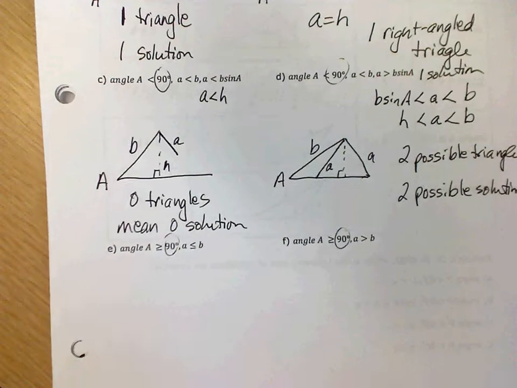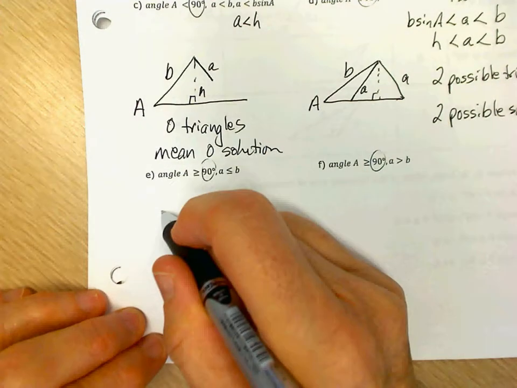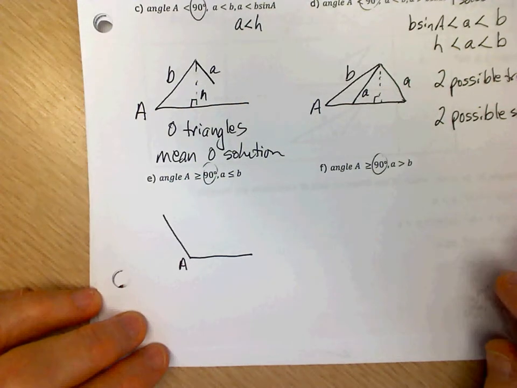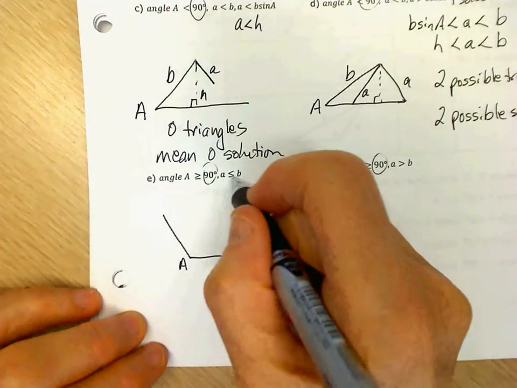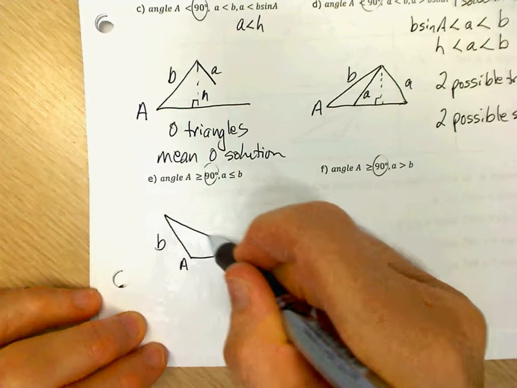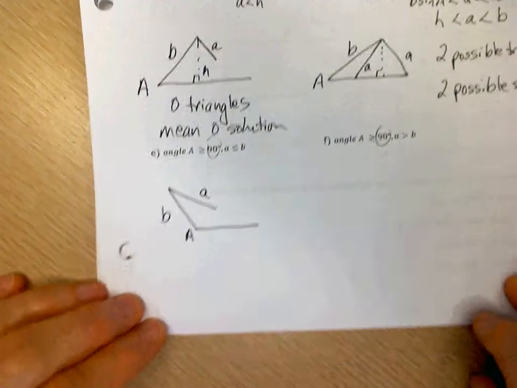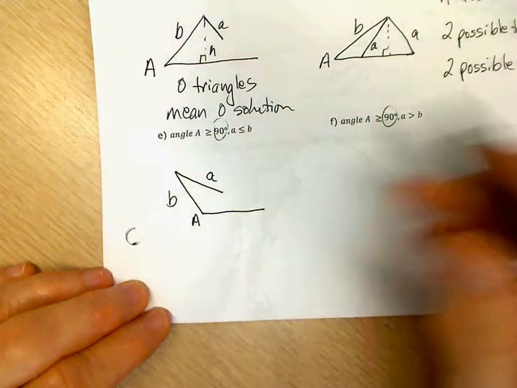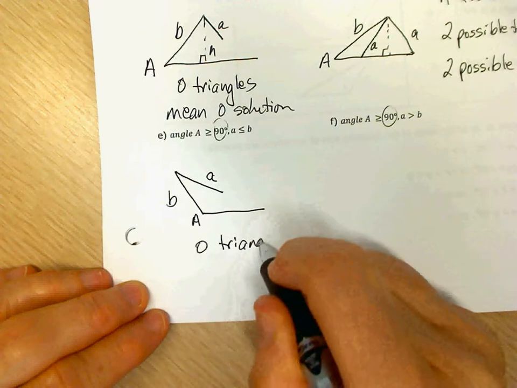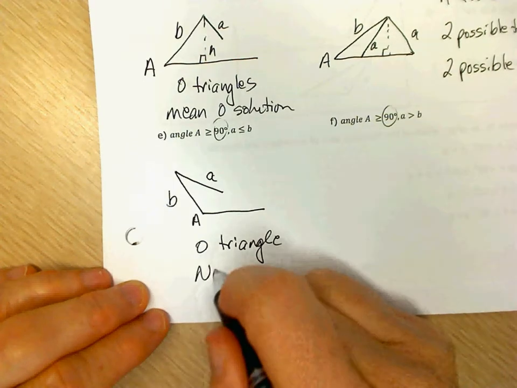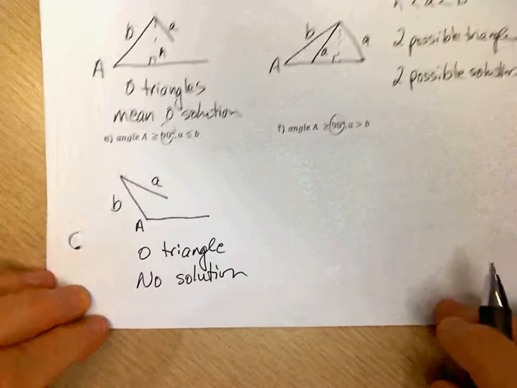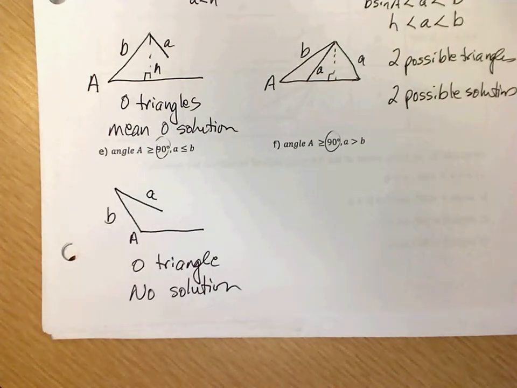Okay. Angle A is greater than 90. So here's our A. It's greater than 90. Now they're saying A is less than B. Again, this isn't going to be joining up anywhere. So 0 triangles, no solution.